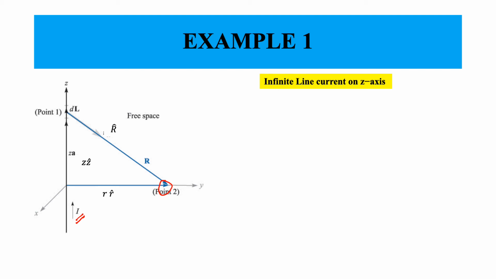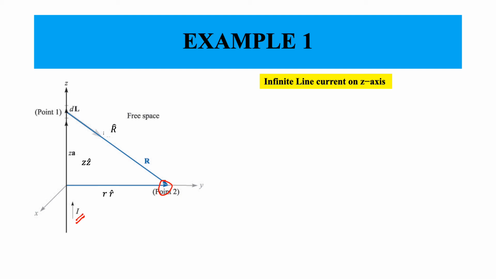So magnetic field is required at the point r. It would be nice for us to work in cylindrical coordinates for this case, because there is a line going along the axis. So we are going to work with cylindrical coordinates.